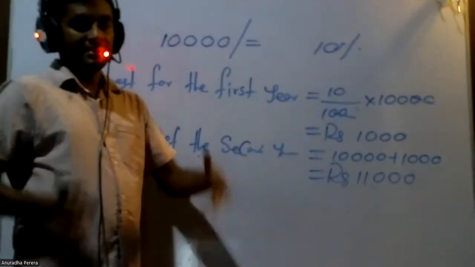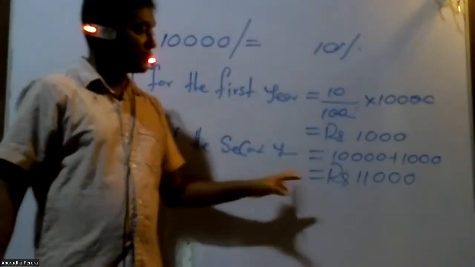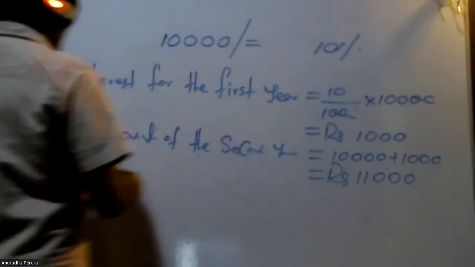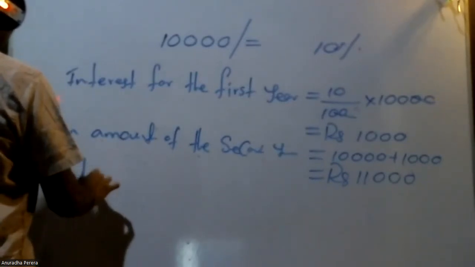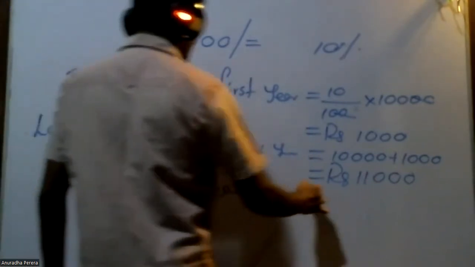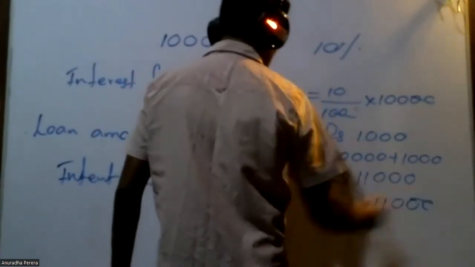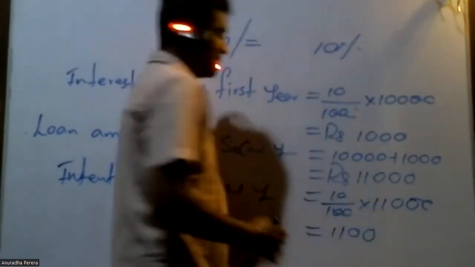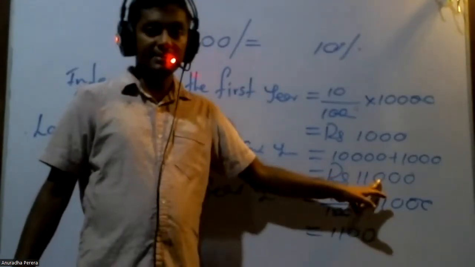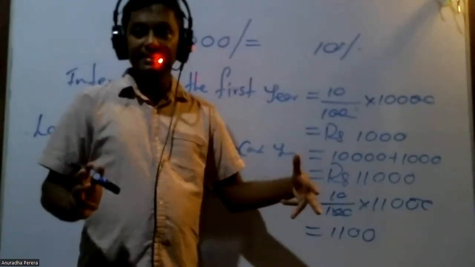This total is the loan amount for the second year. Now determine the interest for the second year: 10% into 11,000. It is 1,100. For the third year, this amount should be added to this 11,000, and the sum is taken as the loan amount for the third year.